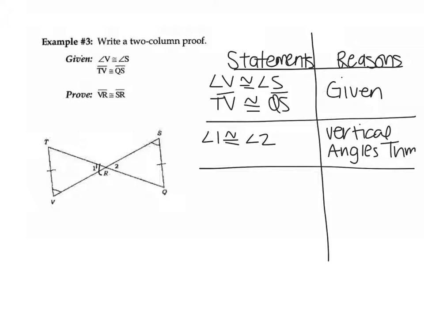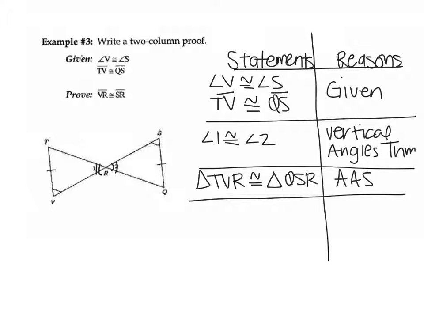So if I label that, I now have two angles and their non-included side being congruent. So by angle, angle, side, I can say that triangle TVR is congruent to triangle QSR. Now that the two triangles are congruent, corresponding sides and angles are congruent as well, which means TR is congruent to QR, and it also means that VR is congruent to SR, since those are corresponding sides.